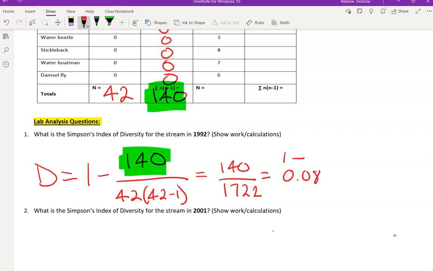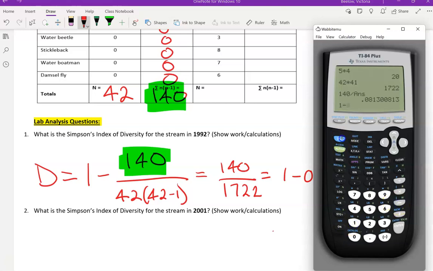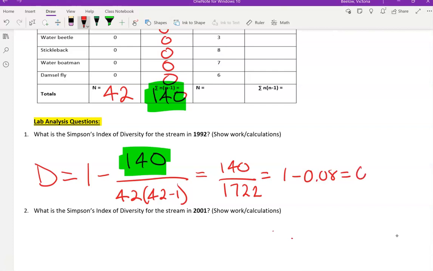So 1 minus 0.08 is 0.92. And that would be my final answer.